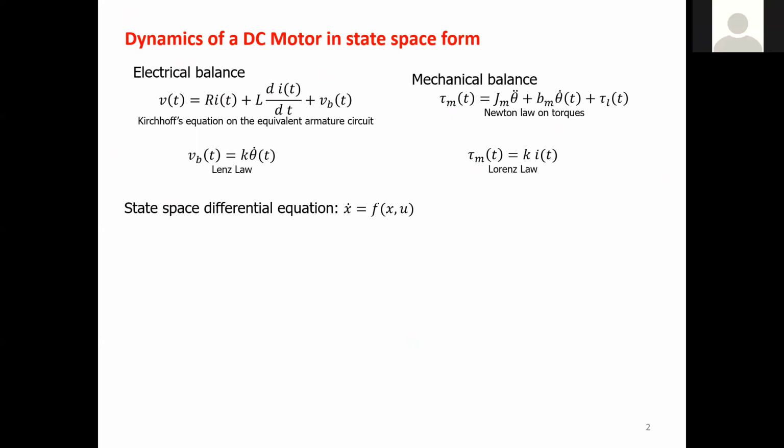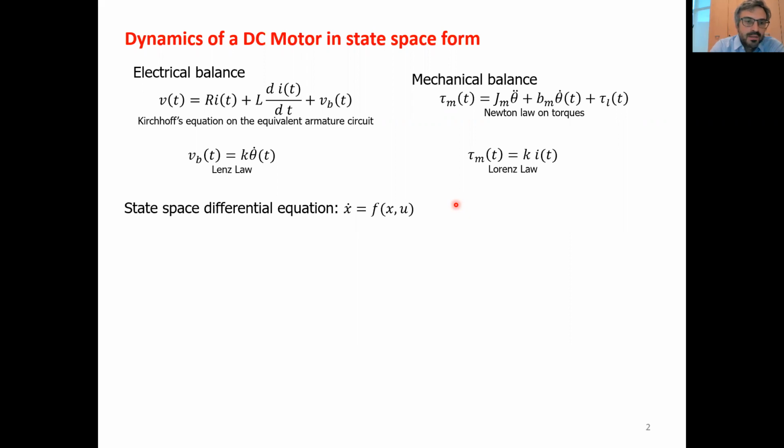The current. No, because the current has an evolution, there is a derivative here that tells you how the current evolves. So the current, I would say, is more a state.